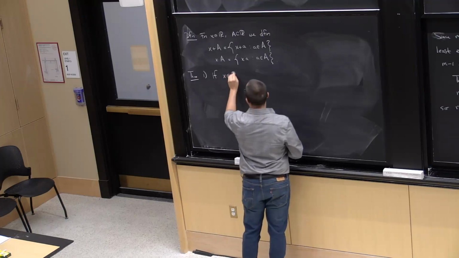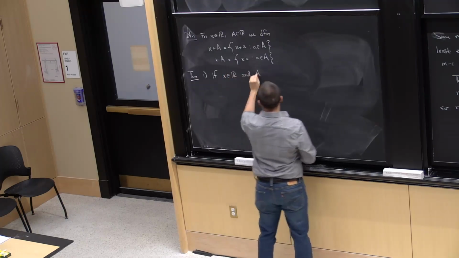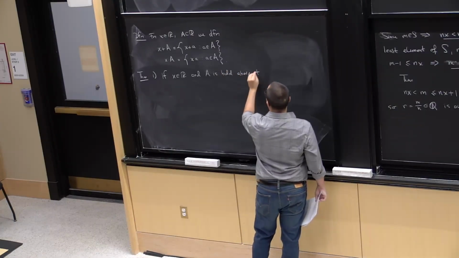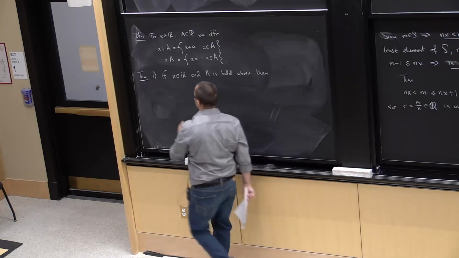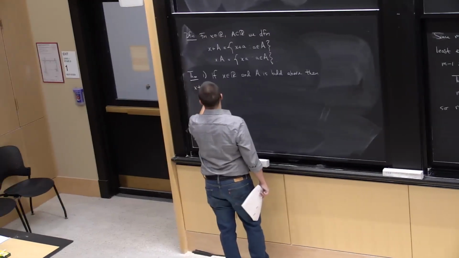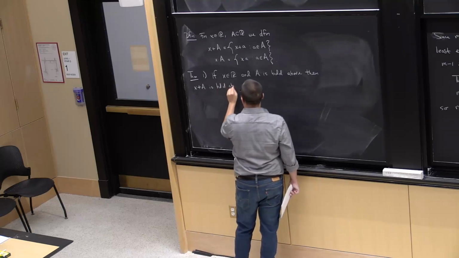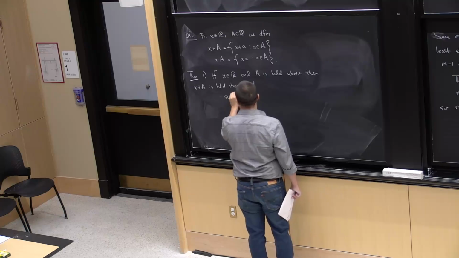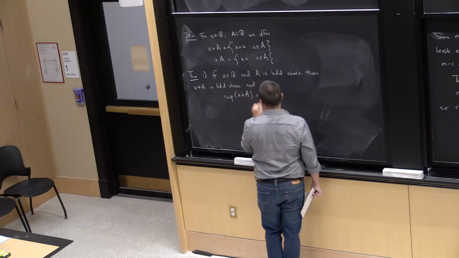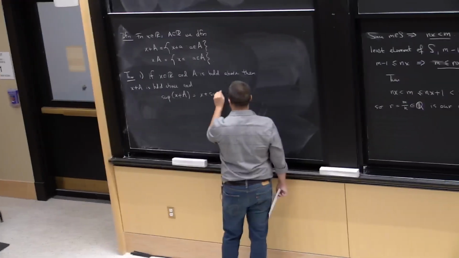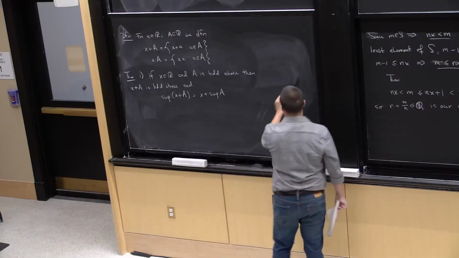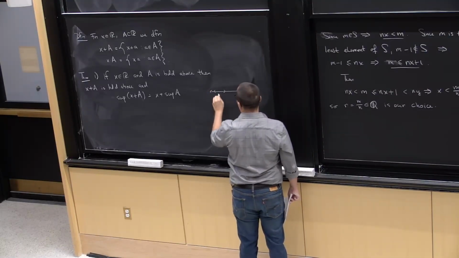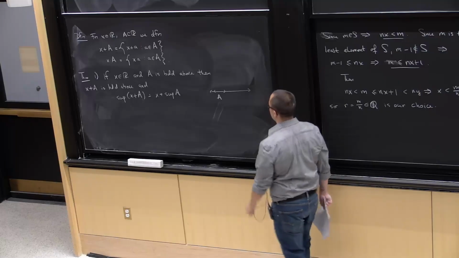If x is a real number and A is bounded above, then the conclusion is x plus A is bounded above, and the supremum of this set x plus A is equal to x plus the supremum of A. We should be able to guess this because let's assume A is this interval here.